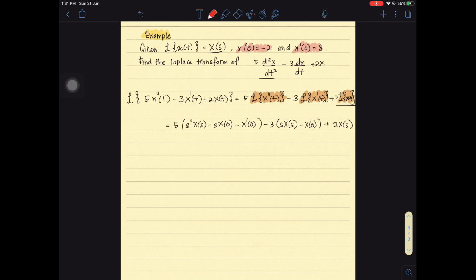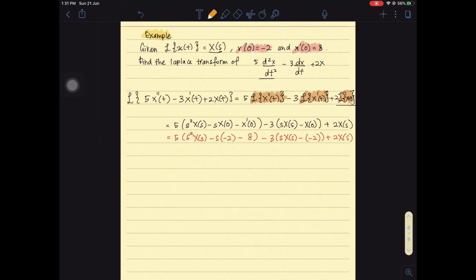So what you will have here is 5 times (s squared X(s) minus s times x naught, which is negative 2, minus x prime naught, which is equal to 8), minus 3 times (s X(s) minus x naught, which is equal to negative 2), plus 2 X(s). Now let's open the bracket.